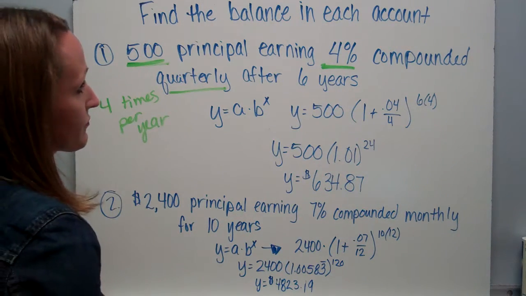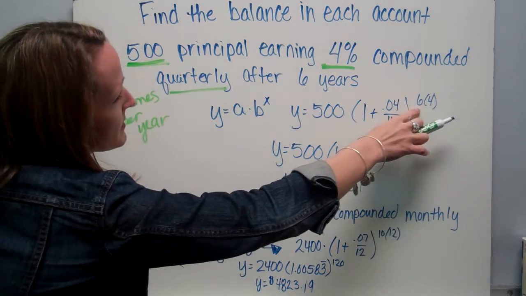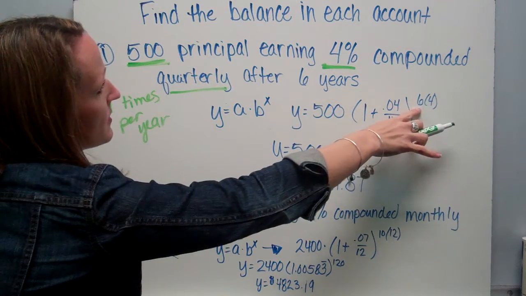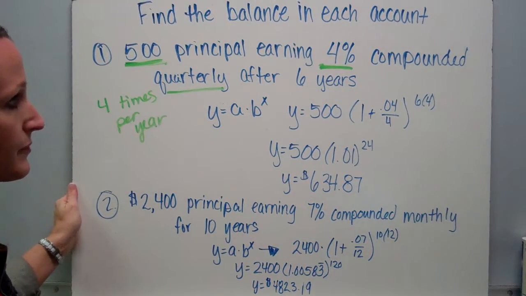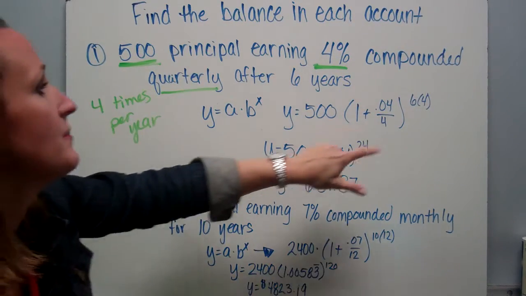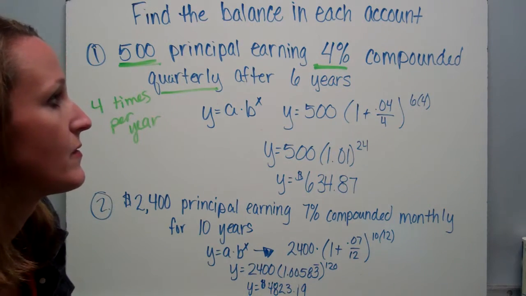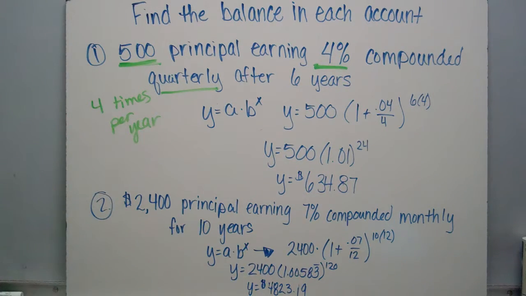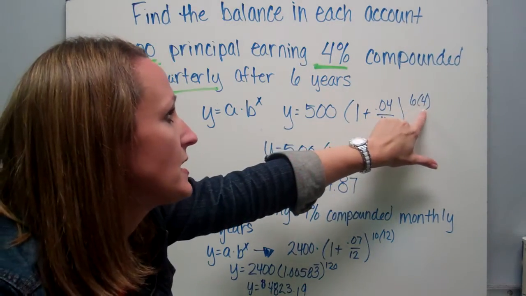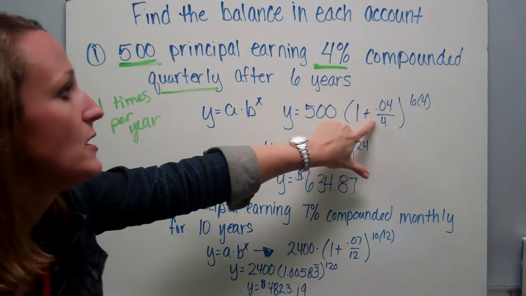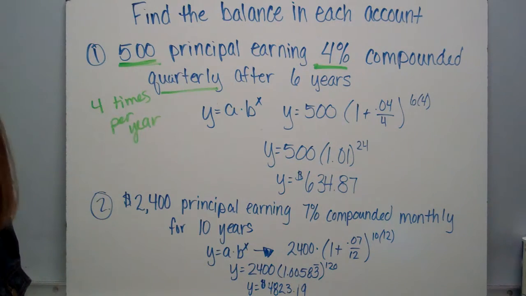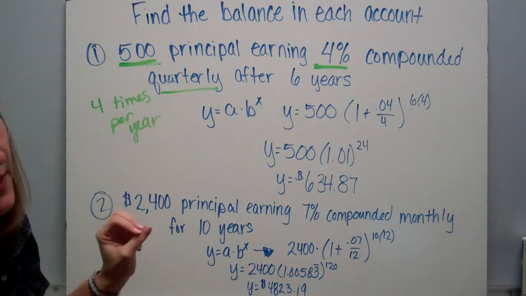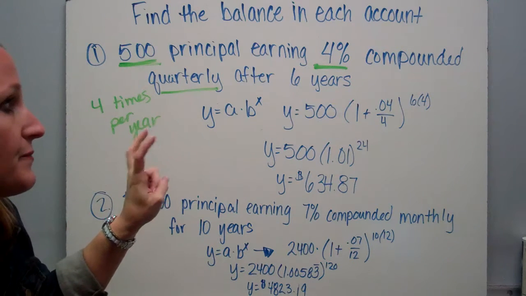Now, I'm going to take my 6 years, and I'm multiplying it by 4, again, because it was quarterly. So since I have to do 6 years, and it was compounded quarterly, I have to divide this by 4 for quarterly, and multiply that by 4 for quarterly. So when I'm doing this, it comes into play twice.